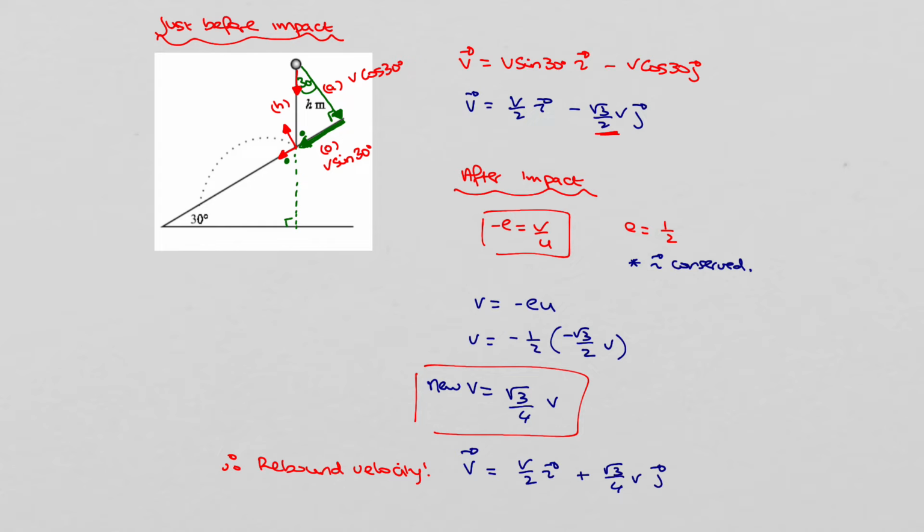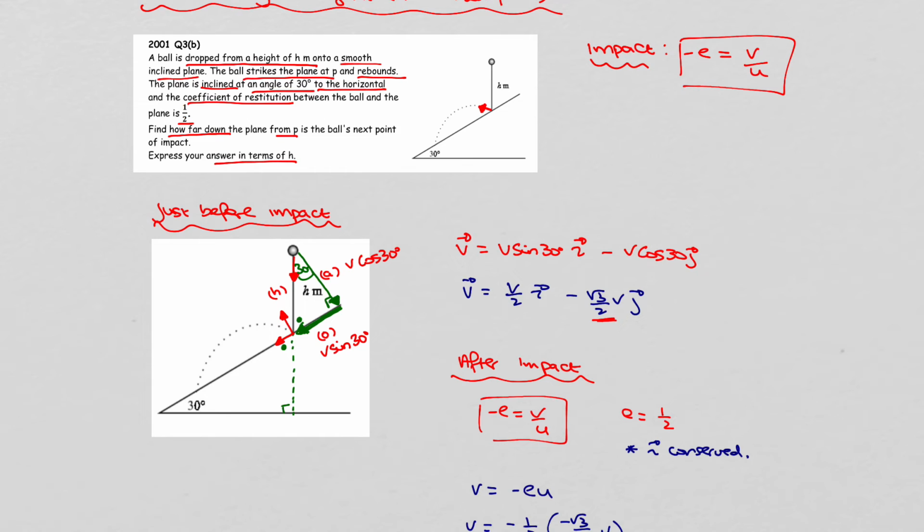However, what do we know about v? If I go back up to the question, we can see it's dropped from a height, so the initial velocity is 0. It's free falling, so the acceleration is due to gravity, and it falls a distance of h.